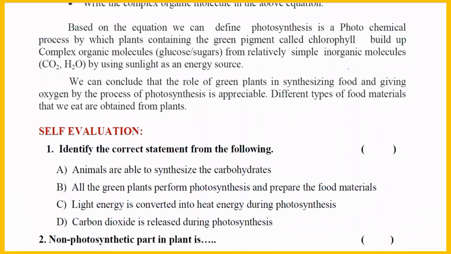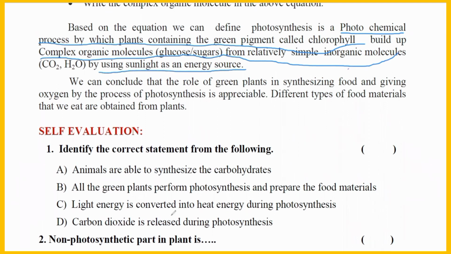Based on the equation, we can define photosynthesis as the photochemical process by which plants containing the green pigment called chlorophyll build up complex organic molecule, that is glucose, from relatively simple inorganic molecules by using sunlight as an energy source.